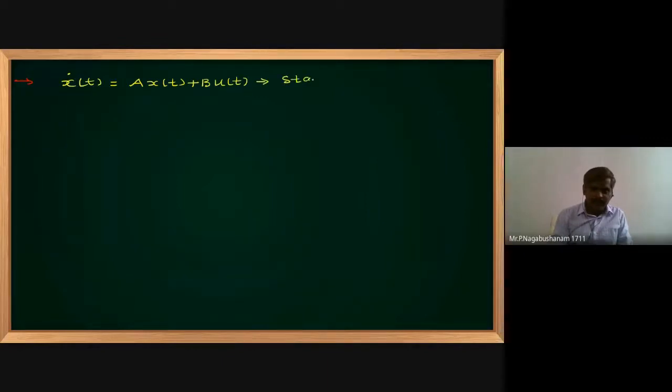The second one, y of t equal to C into x of t plus D into u of t. Because y of t is the output, this is called the output equation.